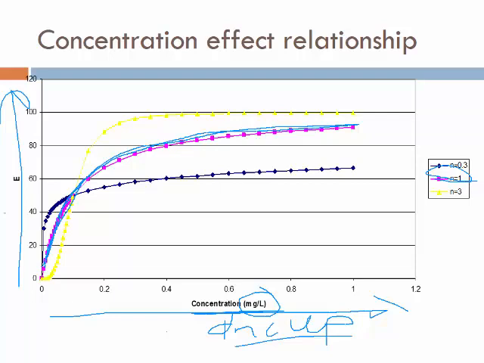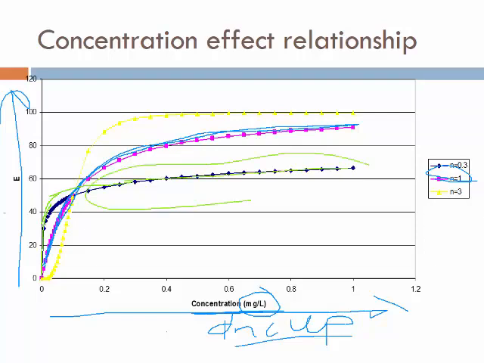Let's compare that to our navy one here that I'm going to make green. What we see with this one is a dramatic increase in effect, even with a tiny little bit of increase in concentration. And then this starts to flatten out.